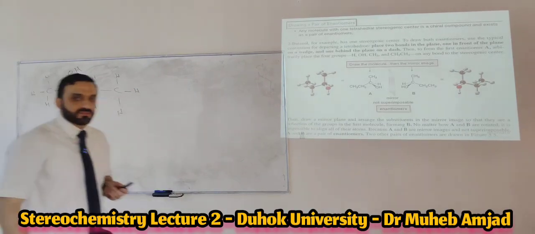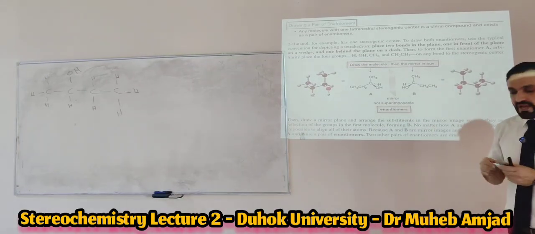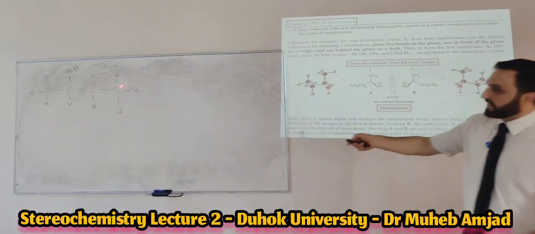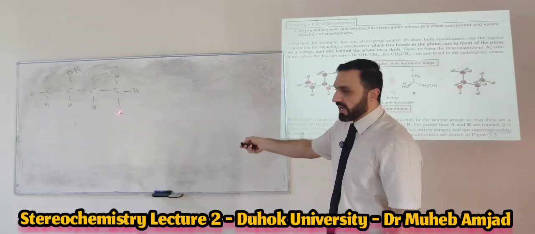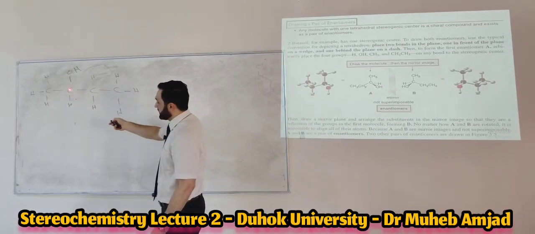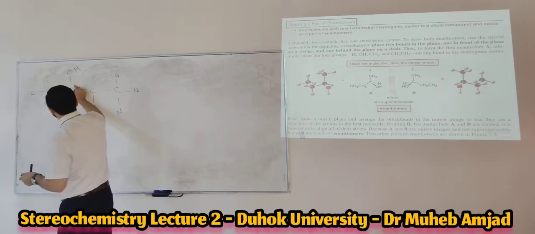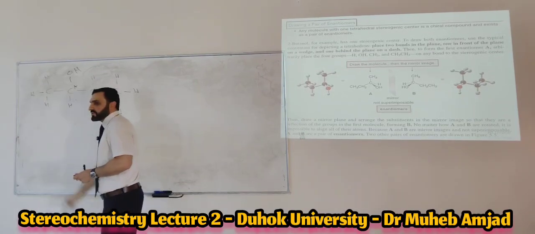Okay? This works? No problem? Okay. Now, are these stereogenic centers? No. 3 hydrogens, it is CH3. This? No. This? Yes, this is the stereogenic center. Okay. Star. Put a star. And this? No, not a stereogenic center.